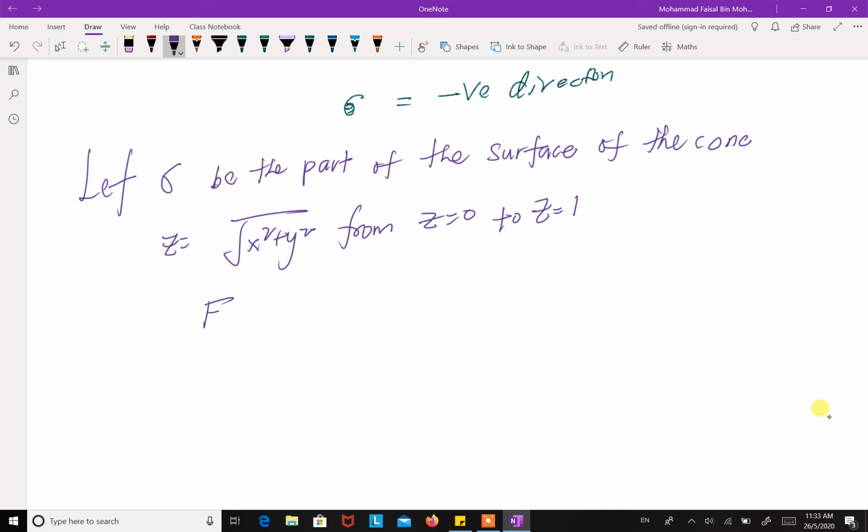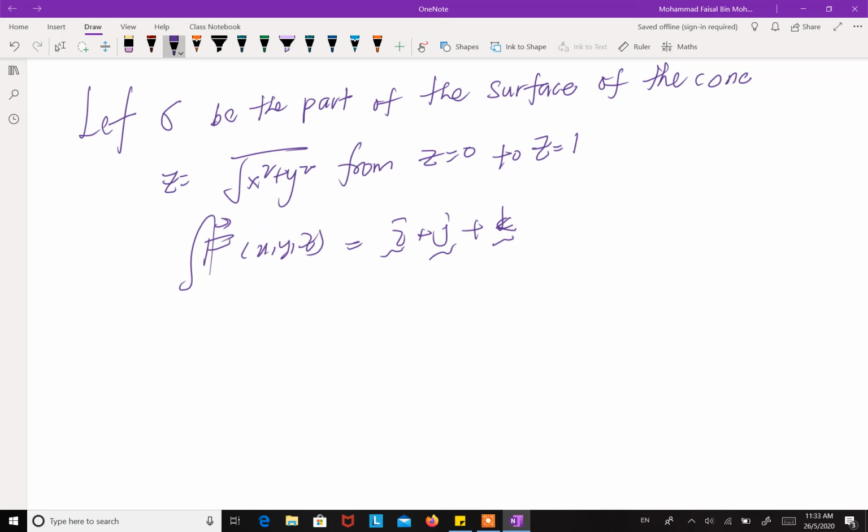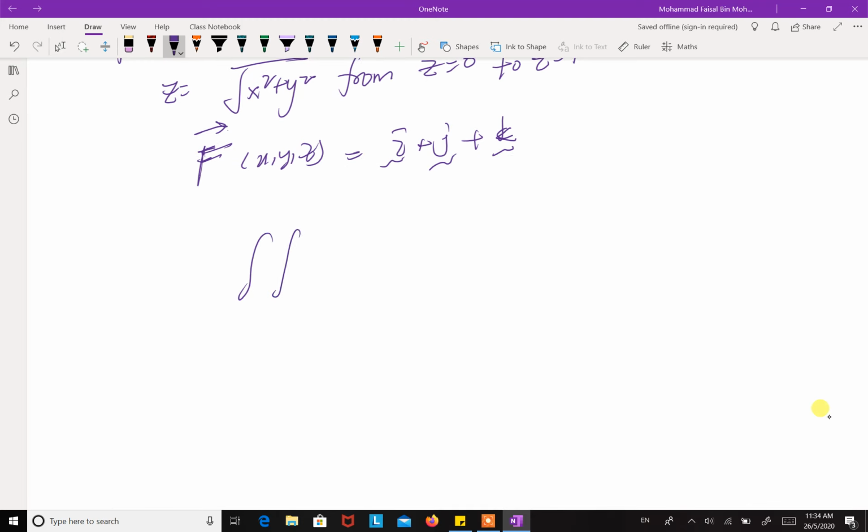Let F(x,y,z) equals i plus j plus k. Evaluate the double integral of F dot n dS.